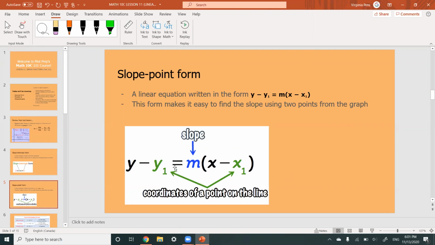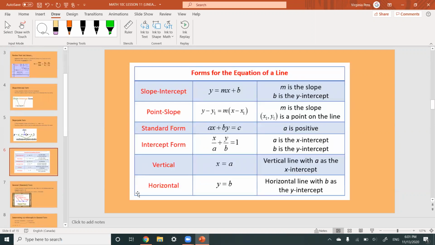So for this form, you would need coordinates from the line and the slope as well. But yeah, if you were looking for a few points on the graph, then using this form would be helpful.